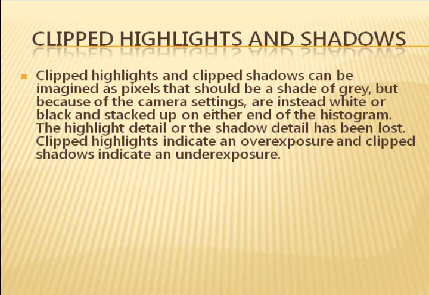Let's say you have clipped the highlights. If on the right side of your histogram you have a high section of the graph that suddenly goes up, that is probably an indication of some clipped highlights. In other words, you have overexposed it so much that maybe the yellow in the sign is showing, and you'll see this in my video.